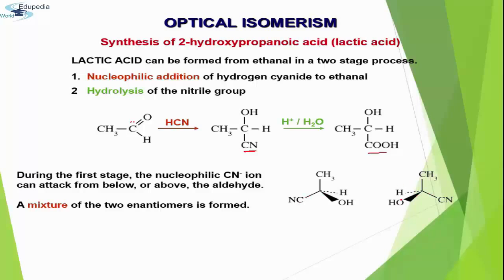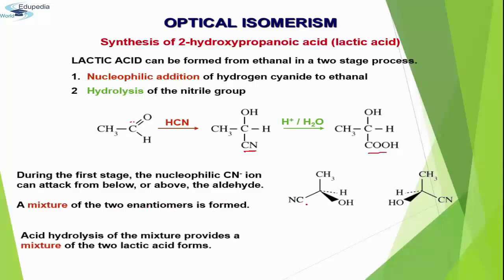Okay, so two isomers will be generated, a mixture of two enantiomers, and finally when you do the hydrolysis of this nitrile group, then you will get the two enantiomers of the lactic acid. Okay, they are non-superimposable mirror images of each other.